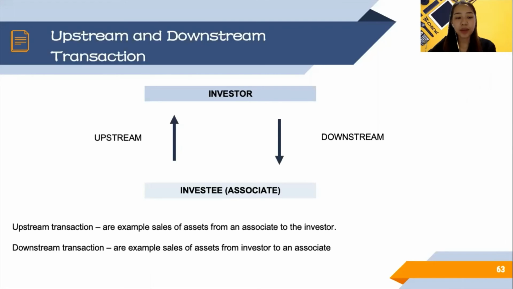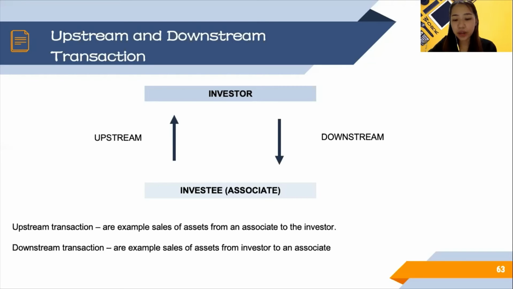At sinabi ko na nga kanina na sa kanilang transaction is magre-report sila ng profit or losses sa kanilang separate financial statement. Pero under nga ng equity method, sila ay iisang entity. Therefore, we have to prepare the combined financial report and we are going to eliminate the profit or losses in the upstream and downstream transaction. Pero only up to the extent of the investor's interest lang.